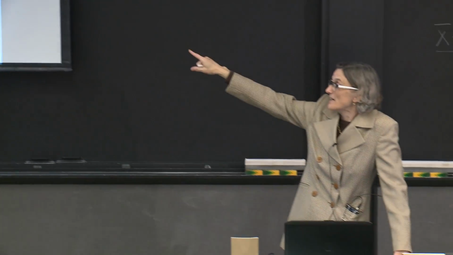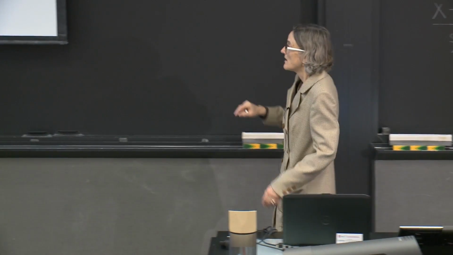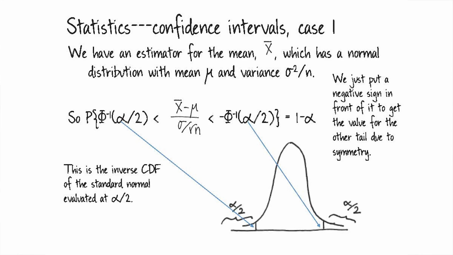And then what are these things on the outside? Well, this on the left, this capital phi inverse of alpha over 2, that's simply this number right here. It's just the inverse CDF of the standard normal evaluated at alpha over 2. So it's the number such that alpha over 2 of the probability in a standard normal is to the left.